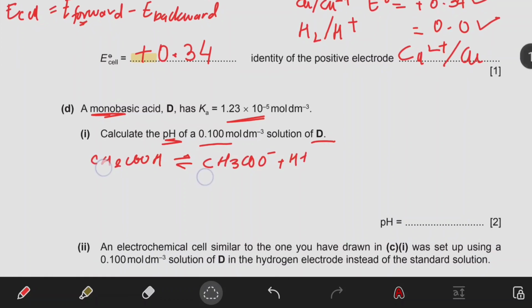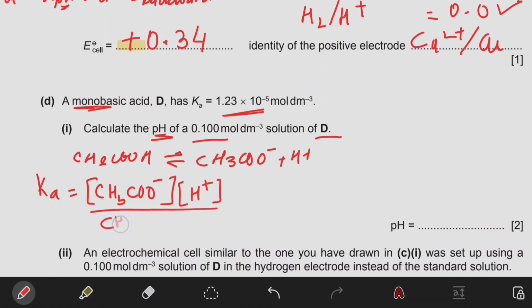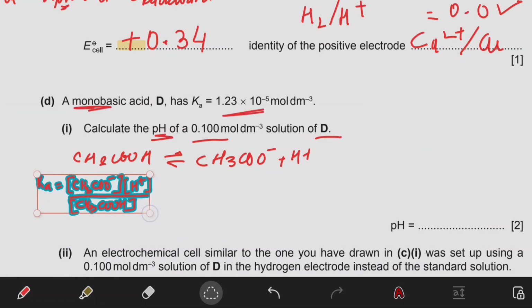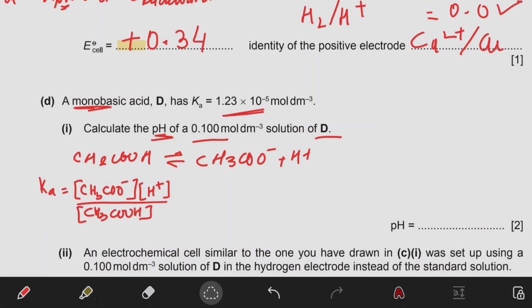Right, and we know that Ka would be this. Now if you see that we have been given the concentration, and know that this concentration is actually of this.